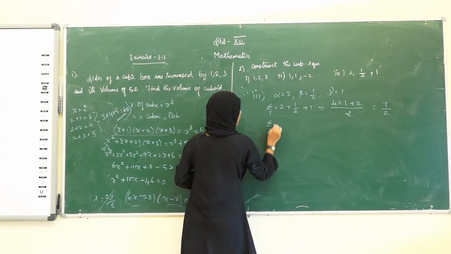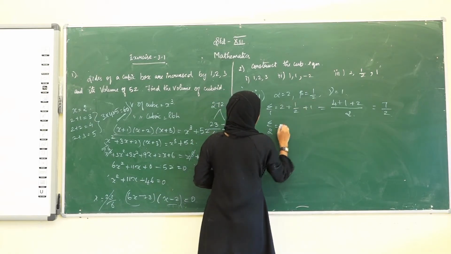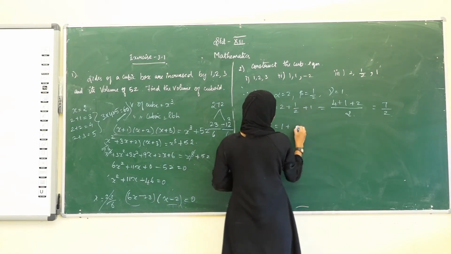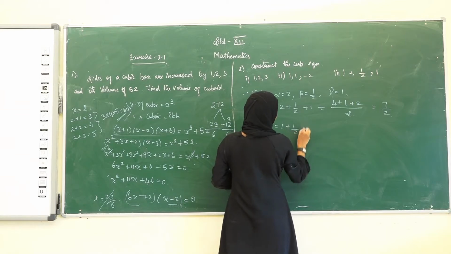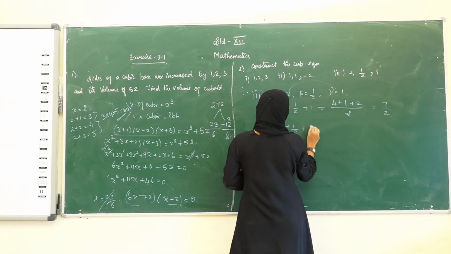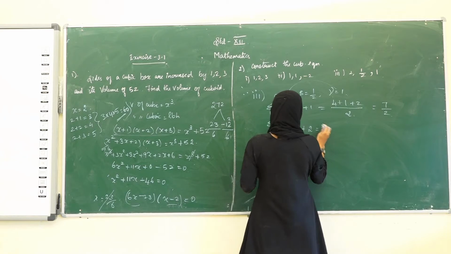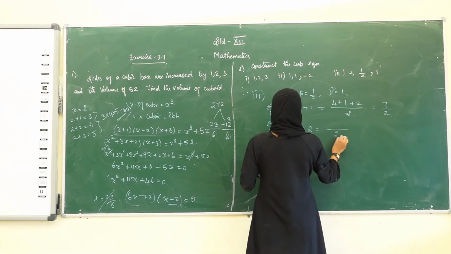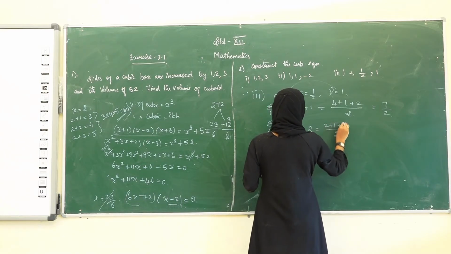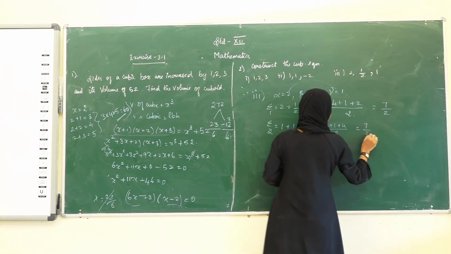In summation 2, first these 2 terms, again these 2 terms, plus the last 2 terms: 2 plus 1 plus 4, therefore 7 divided by 2.